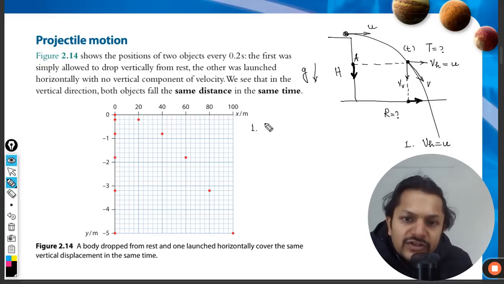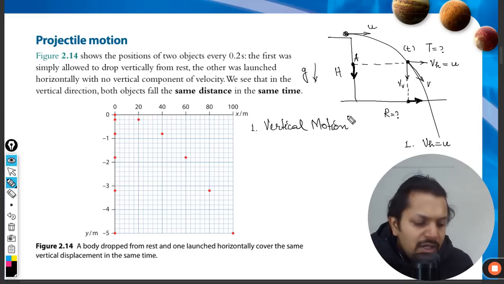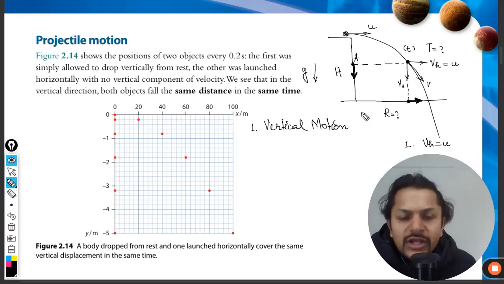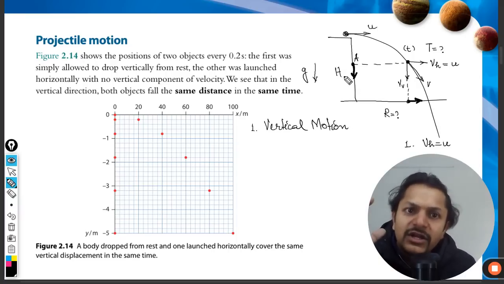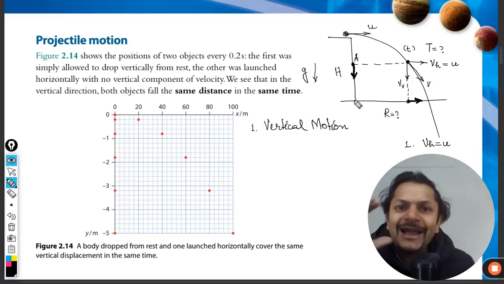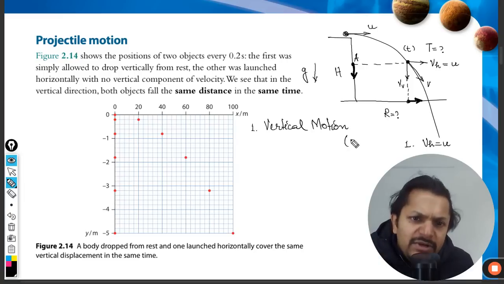Now, first of all, we would be concentrating on the vertical motion, and from this vertical motion you can find the time t, because the height h is given. This is just as if you have dropped a body, similar to dropping the body. Why?